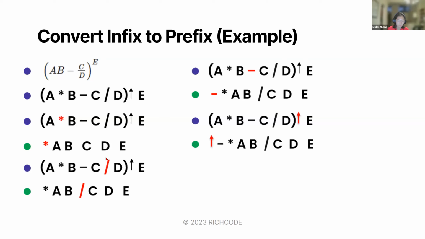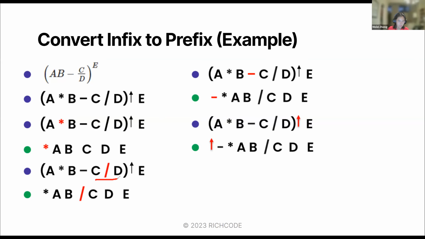The division? No, we moved the division in this expression. In this, it was dividing C and D, and then here we just moved it in front of the C and the D. Well, in prefix notation, you have the operation before the operands.